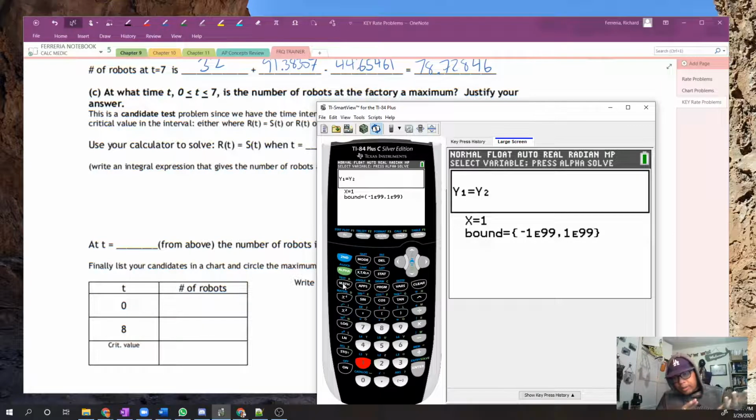So maybe starting at 1 was a bad idea. Let's try a little further into our interval. Maybe we should go all the way to the midpoint of our interval. If we're looking between 0 and 7, the midpoint of our interval should be 3.5. Let's put in a 3.5, and let's see if we get a solution close to 3.5.